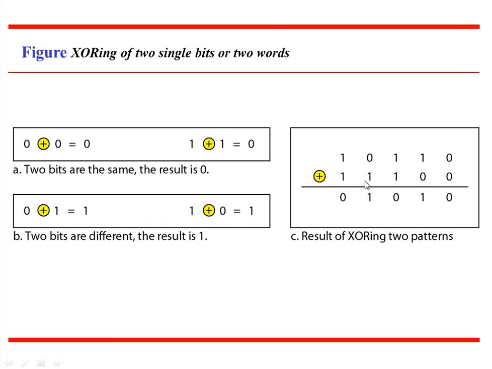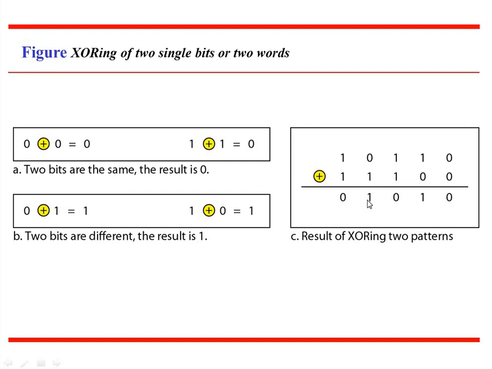Now you can see that a 5-bit XORing of two bit patterns will be like this: 1 0 1 1 0 is XORed with 1 1 1 0 0. Now you can see how many bits are changing position. 1 and 1, obviously, is going to produce 0 as per this equation.